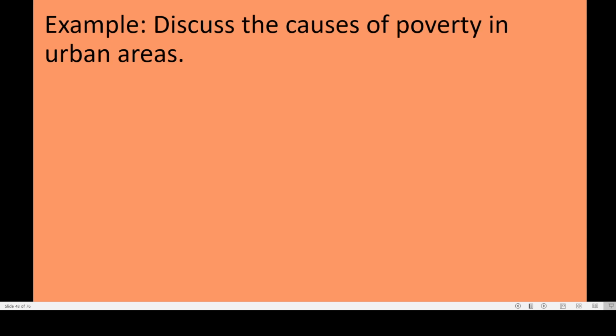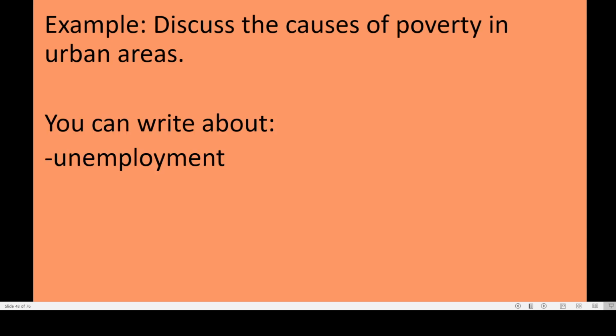Here's your example. The causes of poverty in urban areas. Well, you want to discuss all the different pieces. This could be many, or it could just be a few. It depends on how much time you have to write your essay.